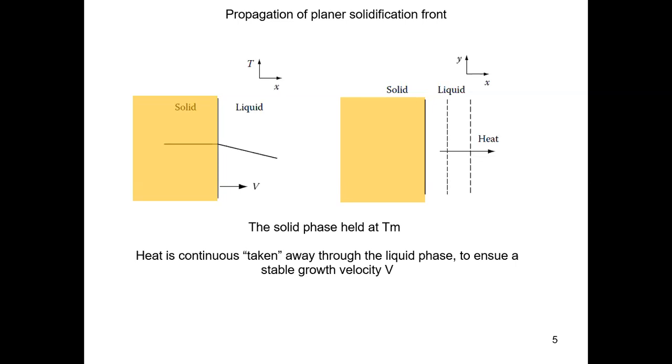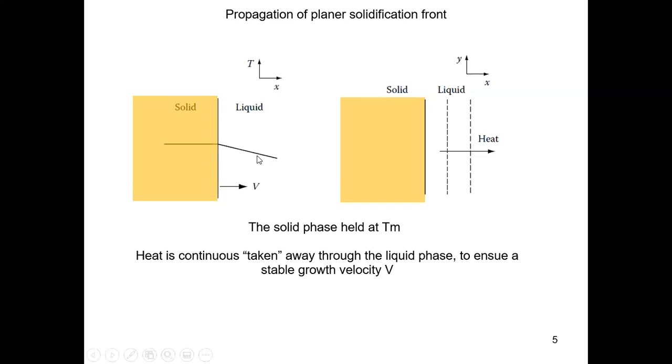So in order to maintain the solidification process at a stable rate, heat is continuously generated, but we have to continuously take away the heat, right? So that you can have more solid form, the heat is taken away, the solid is cooled to the melting temperature, and you keep on doing this. That's a key condition to maintain.